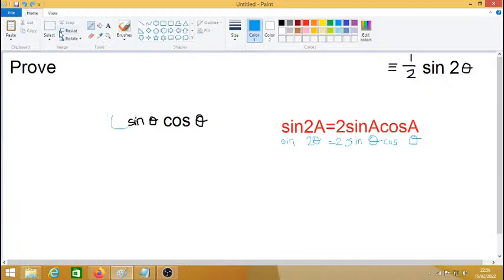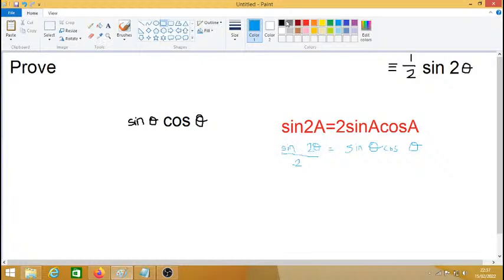So what I'm going to do is say, okay, let me just do a bit of rearranging. So this 2, I can divide by 2 on both sides. So that can come here. So now it is an exact match.